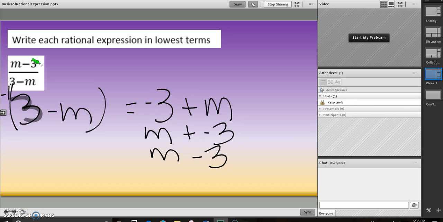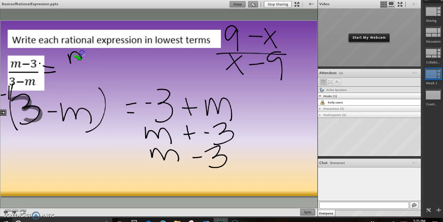All right, so the lesson learned here is if you have m minus 3 and 3 minus m, or 9 minus x and x minus 9, the only difference between the two is a -1, like you multiplied by a -1.